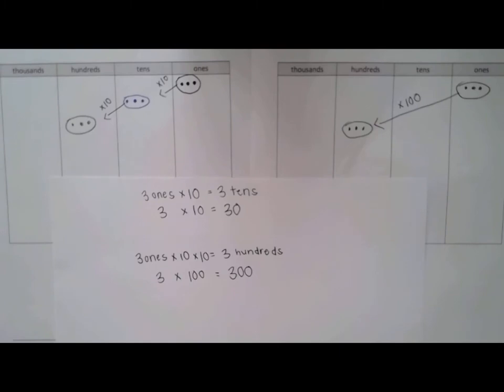What if I wanted to multiply 3 ones times 1,000?